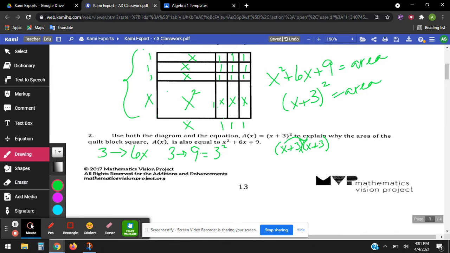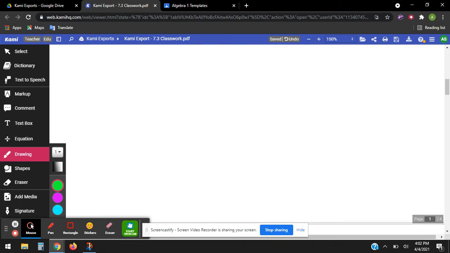X times x is x squared. X times 3 is 3x. 3 times x is 3x. 3 times 3 is 9. So that equals x squared plus 6x plus 9, which is the same thing we had up there. So mathematically separating that out, those work.